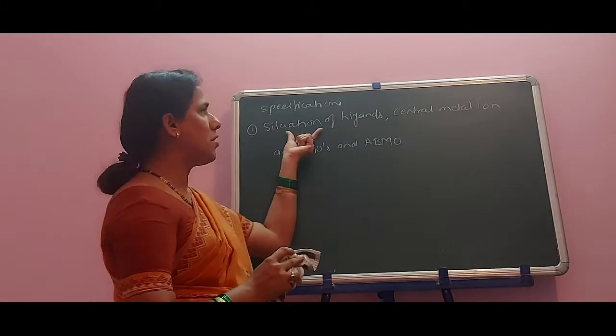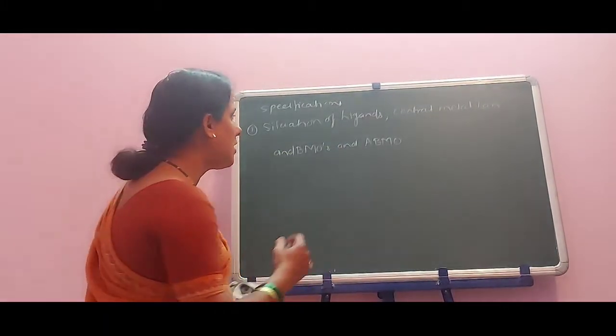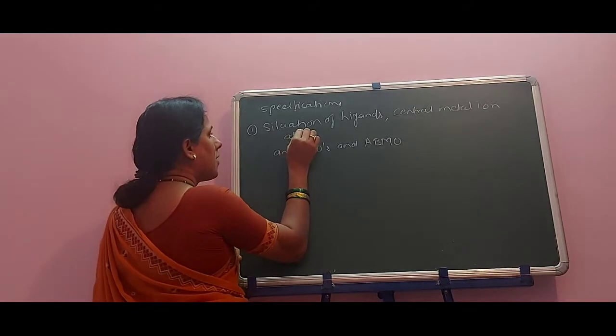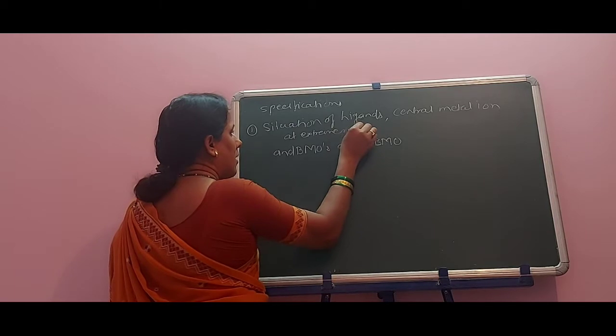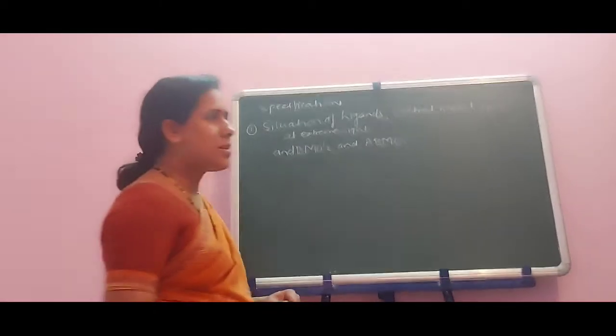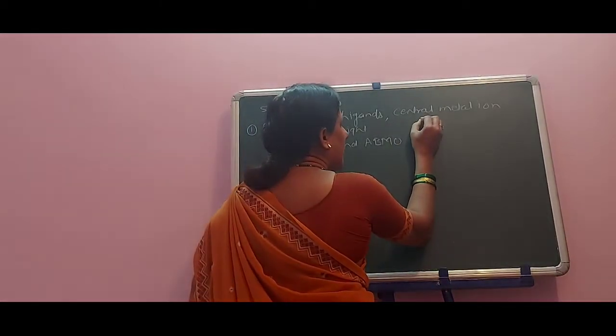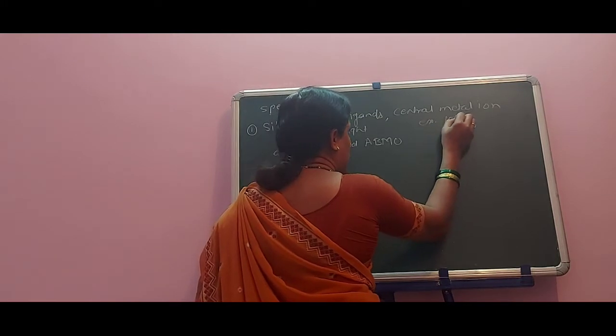Situation of ligands, in which position? At the extreme right. The central metal ion is situated at the extreme left portion.